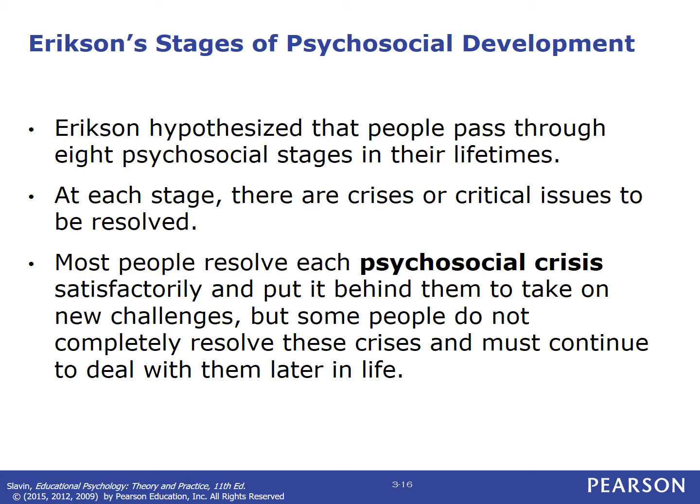Most people resolve each psychosocial crisis satisfactorily and put it behind them and grow, and they go on to take on new challenges and maybe move to the next stage. But some people do not completely resolve these crises and must continue to deal with them later in life. Let's see what we mean.